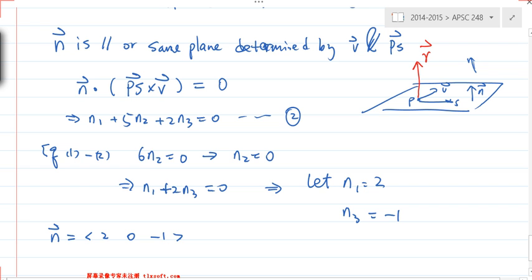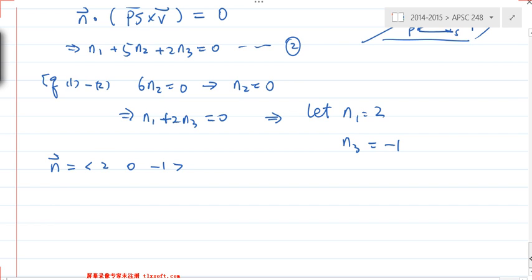Can you come up with another? Yes, you can. But they all point to the same direction. So we got n. We normalize this n here. Once normalized, it's all the same, and that's 1/5 times 2, 0, -1.